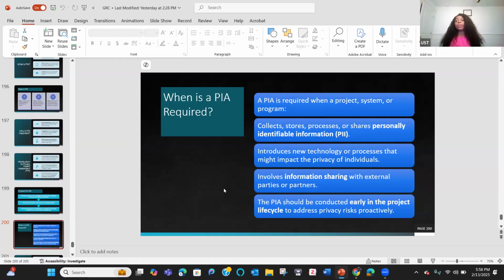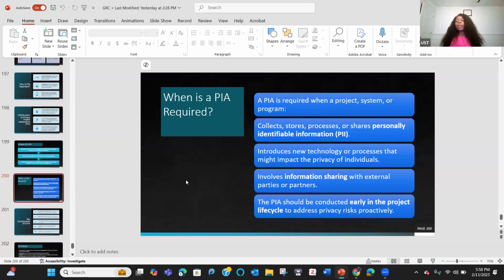The PIA should be conducted early in the project life cycle to address privacy risks proactively. So once you fill the PTA and it determines that the system is PIA positive, your company should go ahead and make sure you have a PIA for that particular information system.